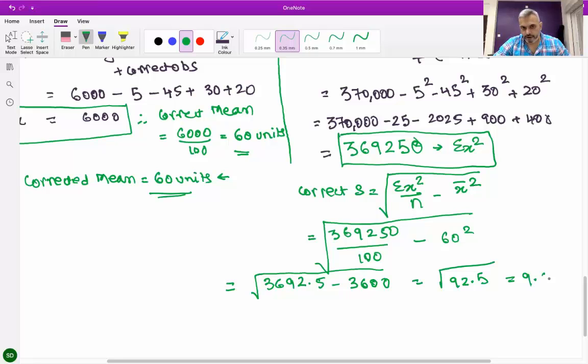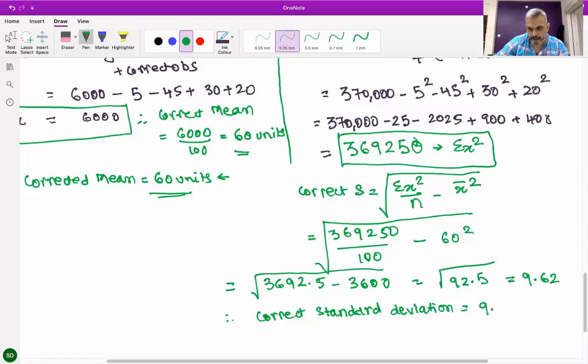So 9.62. Therefore, correct standard deviation is equal to 9.62 units. Answer.